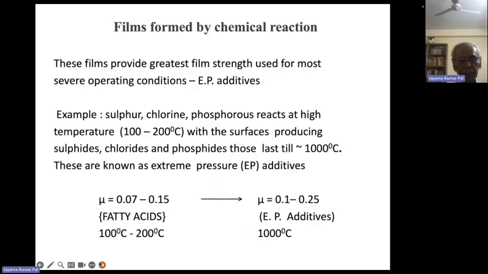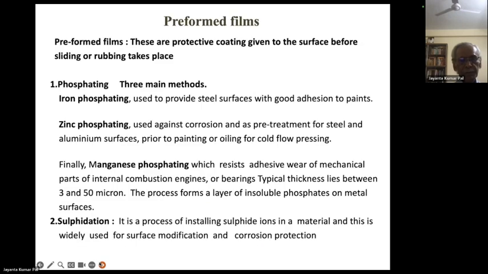So this is an important point to remember, that fatty acid cannot give us protection from high temperature. For protection at high temperature, we need to use EP additives.